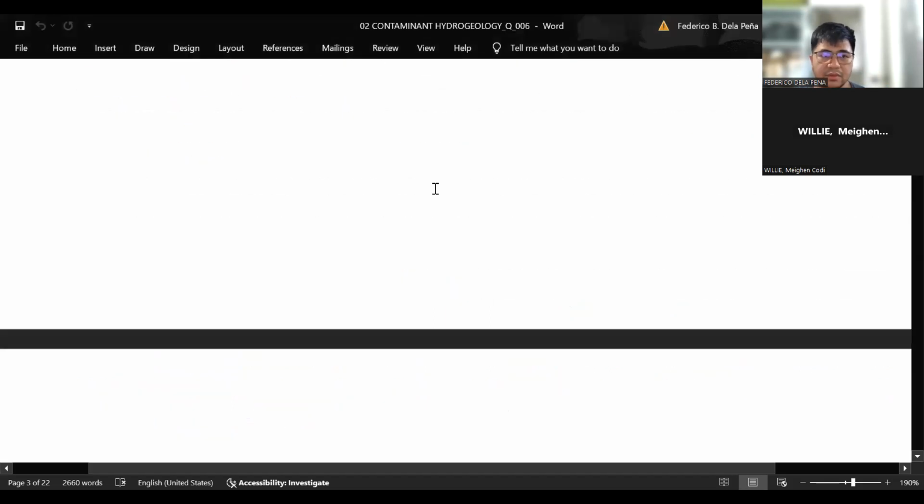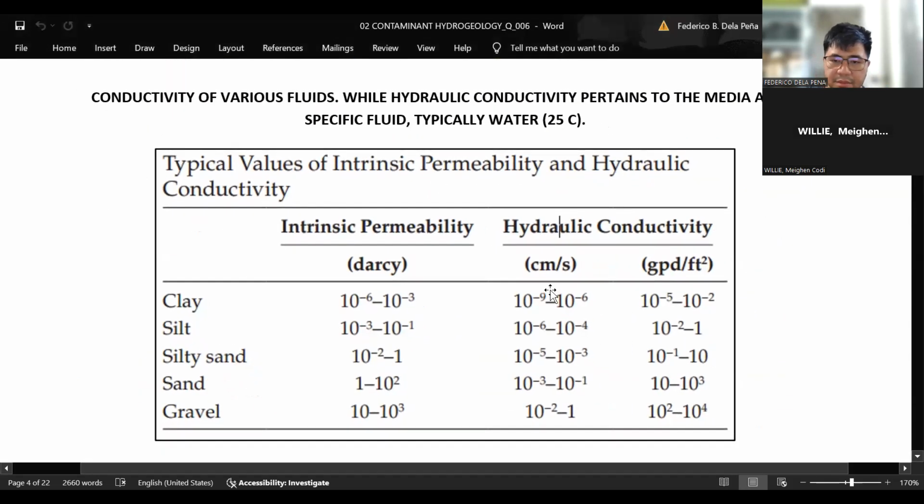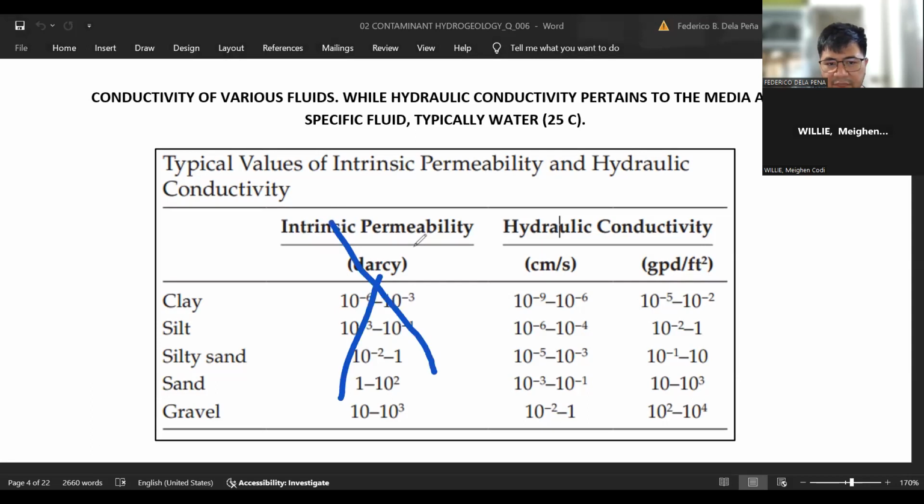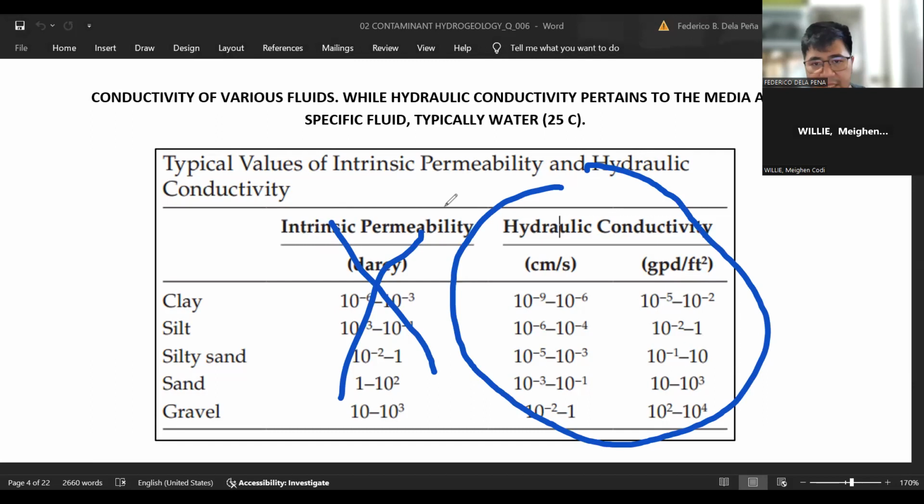Let's continue. And these are the typical values of intrinsic permeability and hydraulic conductivity. For now, you can forget about this part. Just focus on the hydraulic conductivity. This is what you need for this exercise and for most of the activities in the geoenvironmental engineering course.